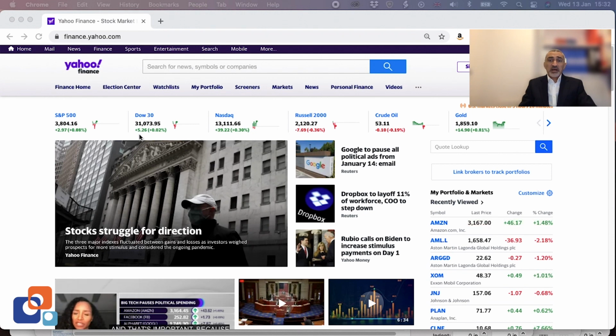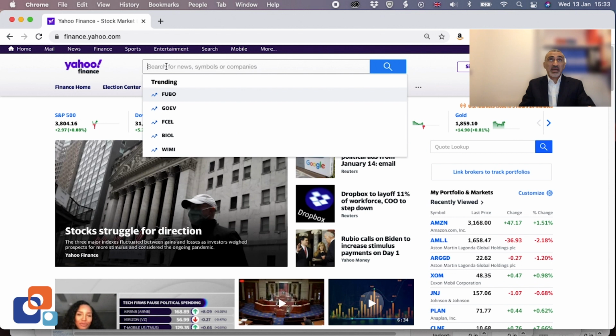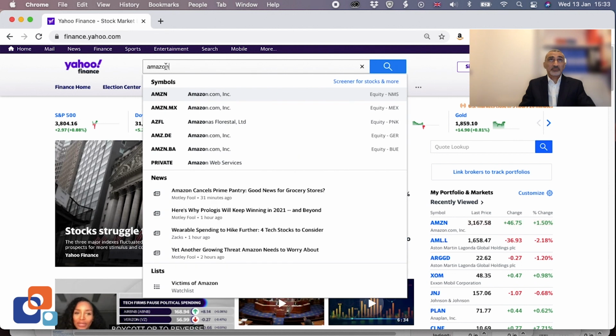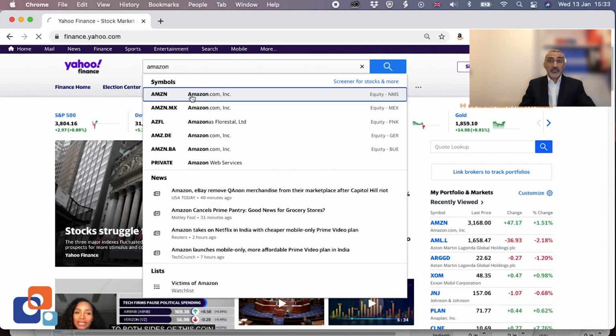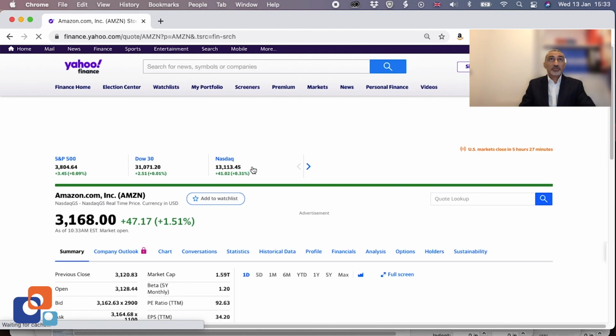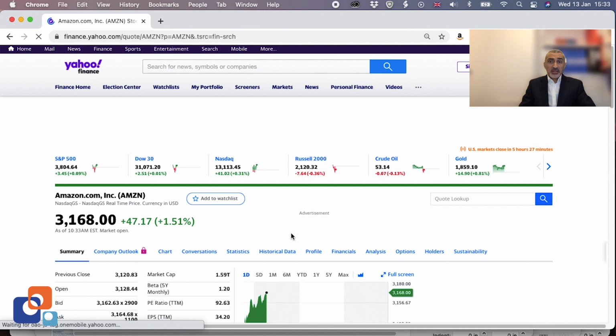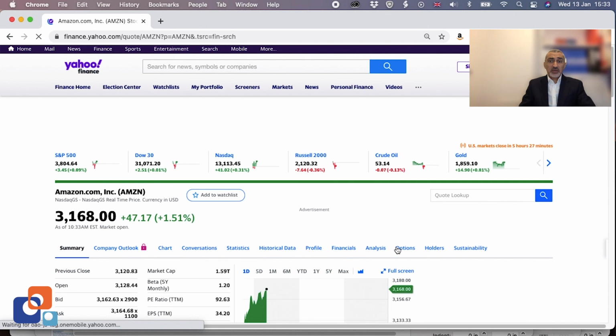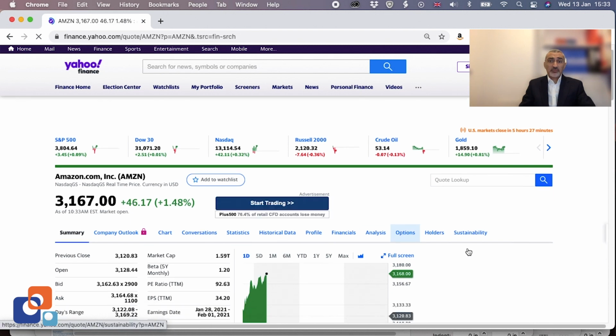This is the Yahoo Finance website. If we enter the company name we are looking for, let's say Amazon, and then we choose it, we get to this page with all kinds of information about the company and the stock.